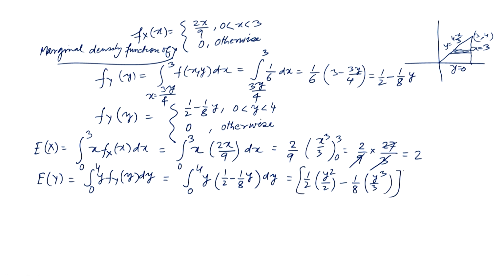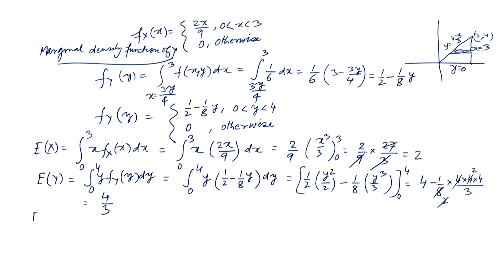Let us put the limits and we get 4 square by 4, so we get 4, minus 1 by 8 y cube, which is 4 cube, so 4 into 4 into 4 divided by 3. So, this will be 4 minus 8 by 3. So, this is 3 4 12, 12 minus 8, so 4 by 3. So, this is the expected value of y.